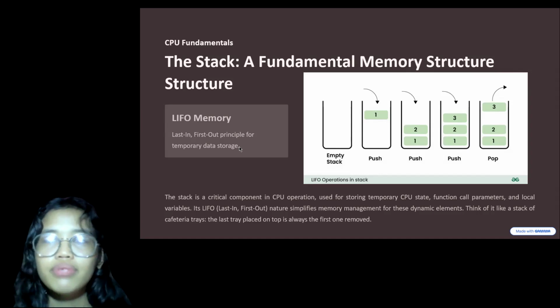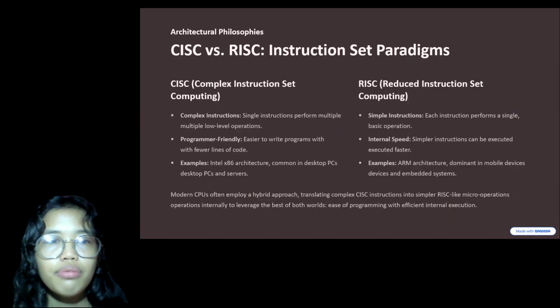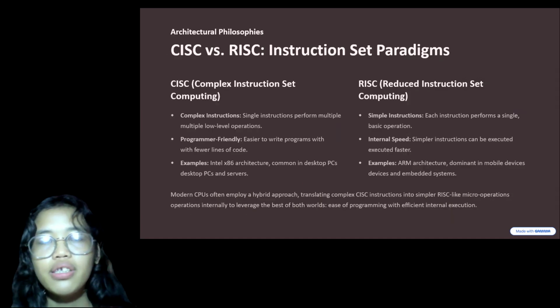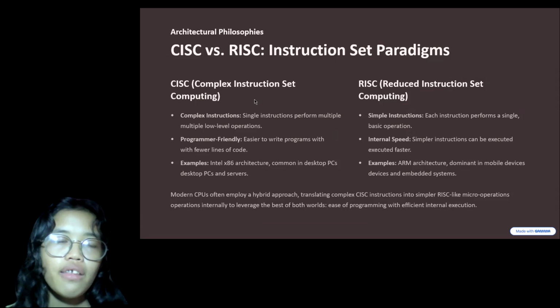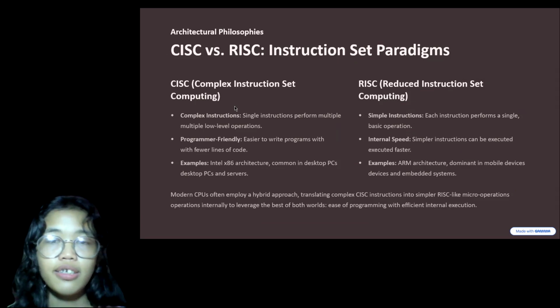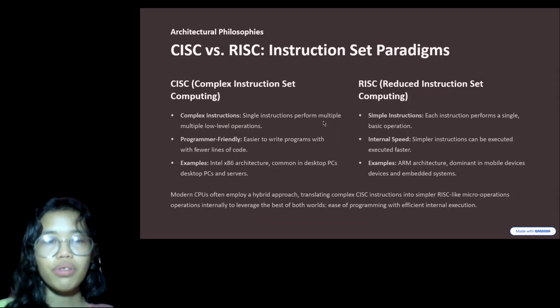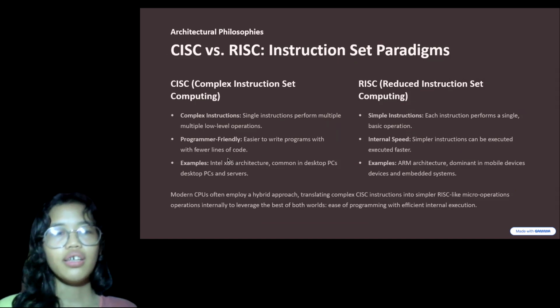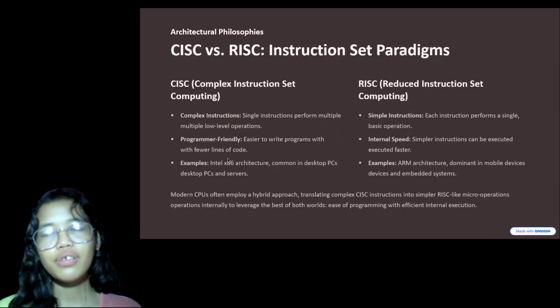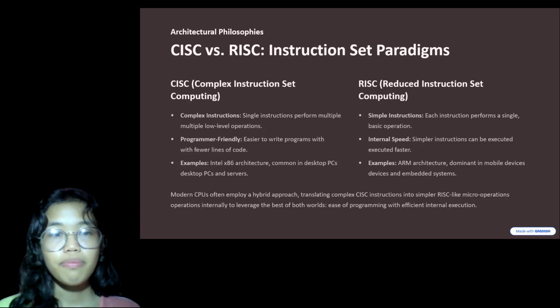So let's go on and have the architectural philosophy, the CISC and the RISC, the instruction set paradigms. CISC is complex instruction set computing, where a single instruction performs multiple low-level operations.